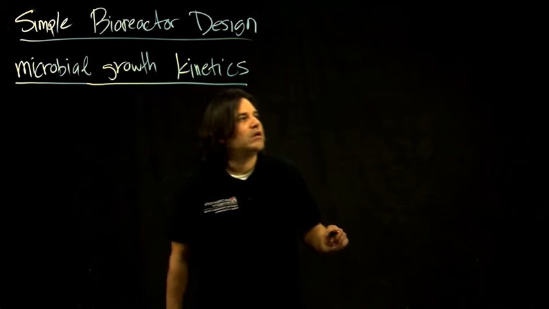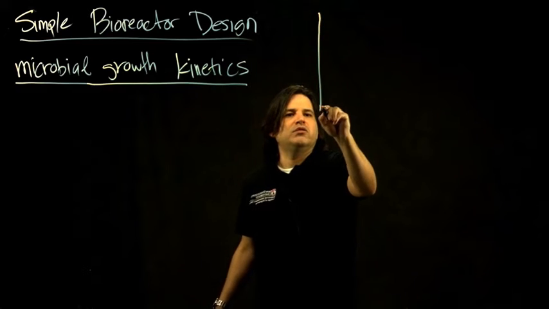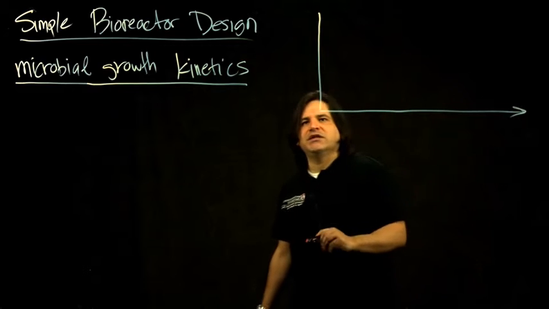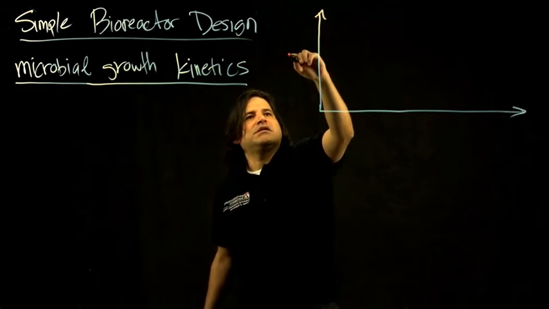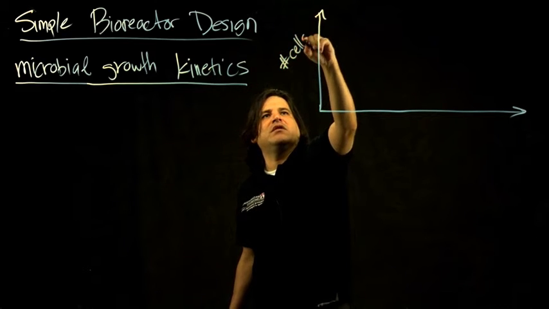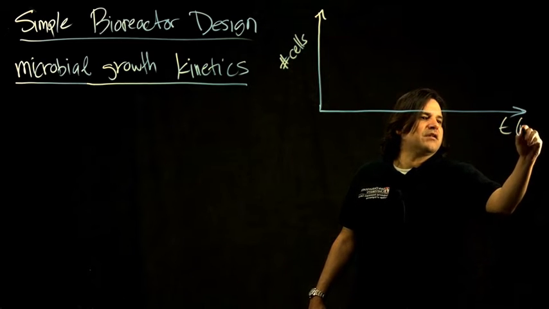One way to look at this process is that if you have cells in a culture in a petri dish, you can see the relationship between the number of cells and time, typically on the scale of hours.